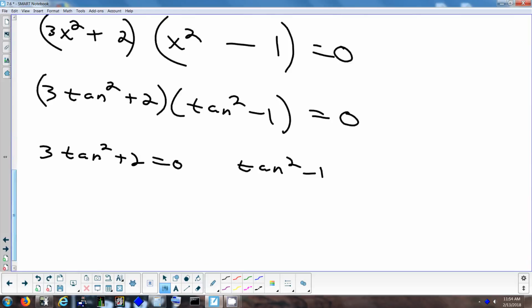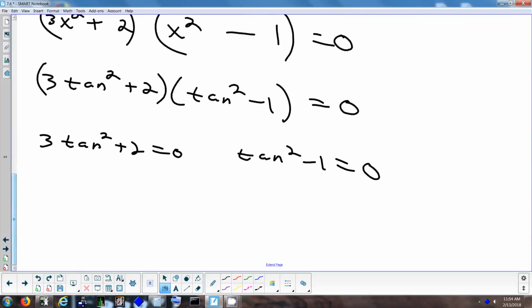Tan squared minus 1 equals 0. How do I move the 2 and then the 3 over? Subtract the 2, and divide by 3. Now, I have tan squared.